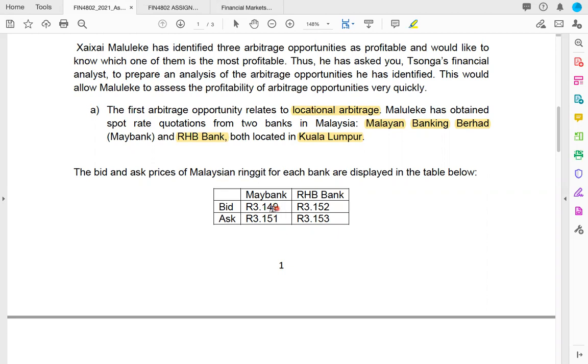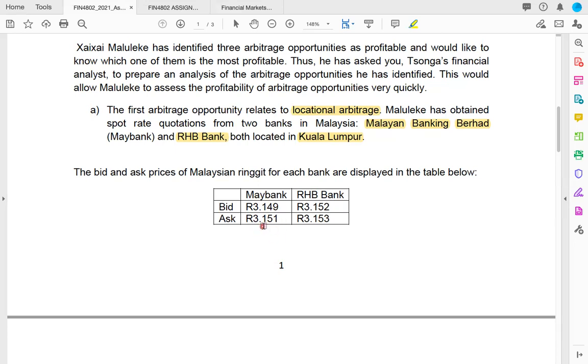This is how much Maybank will buy 1 Malaysian ringgit for. But if you want to purchase a Malaysian ringgit from Maybank, they will sell it to you at 3.151 rands.